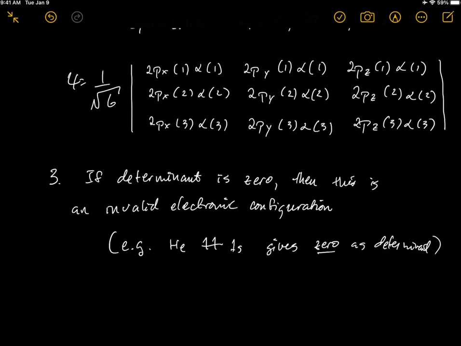In other words, the rules of quantum mechanics state that we have to treat identical particles in a certain way.